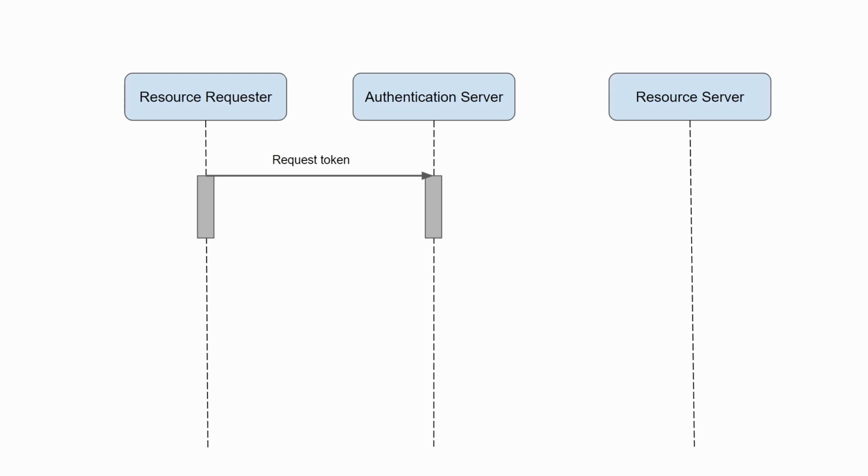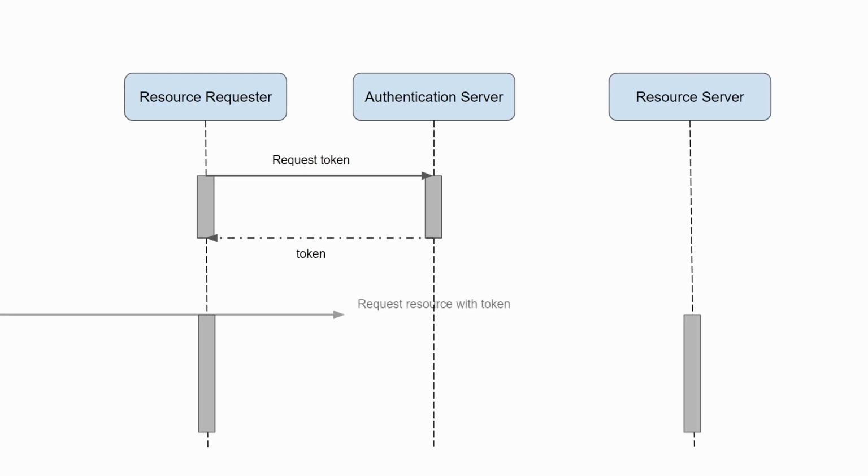The request contains the credentials which are needed for the request to be authenticated. Once the authentication server validates the request and says you are successfully authenticated, it sends a token to the resource requester. And then the resource requester sends the request to the resource server along with the token provided by the authentication server.